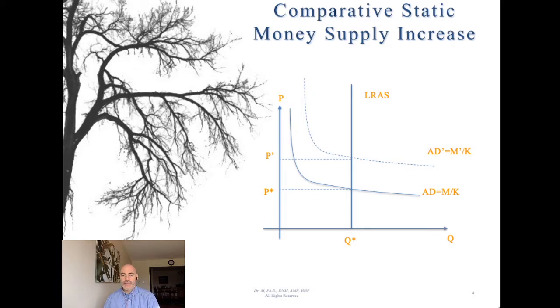So you see aggregate demand shifts upward. The long run GDP does not change, but you do trigger inflation, since there is relatively more money chasing relatively fewer goods and services.